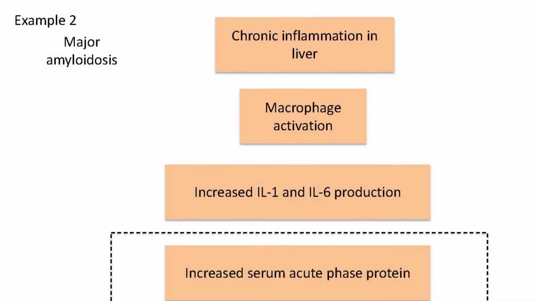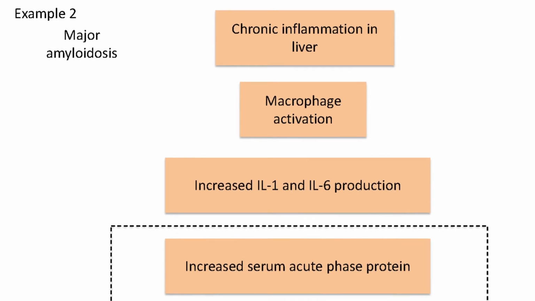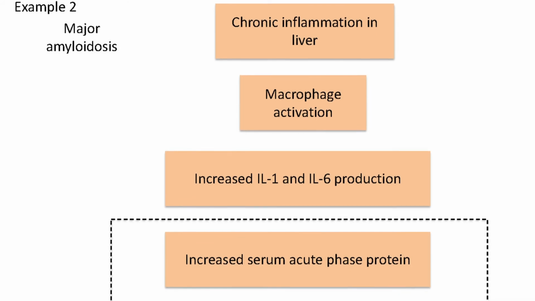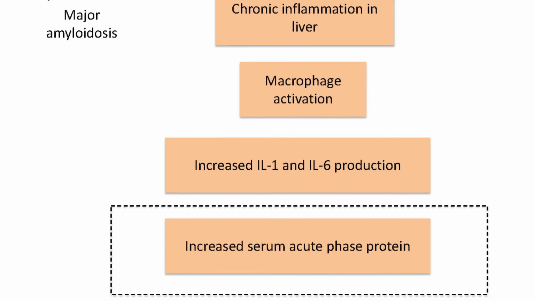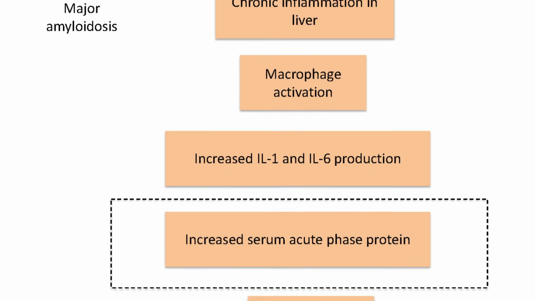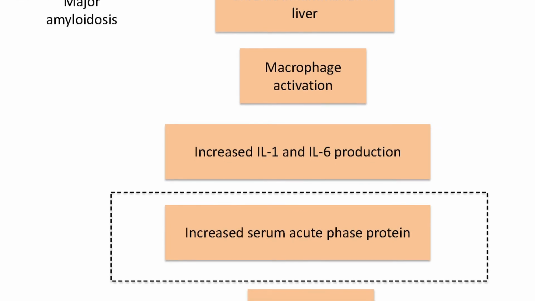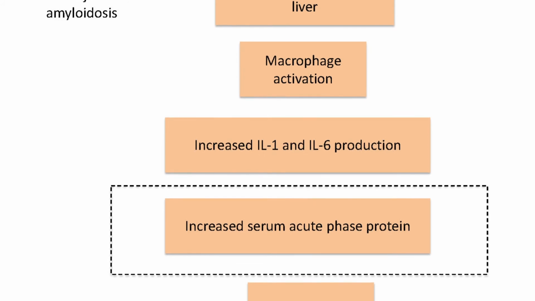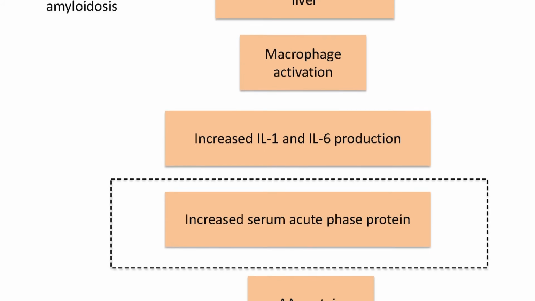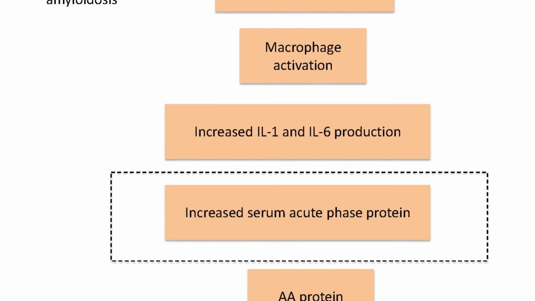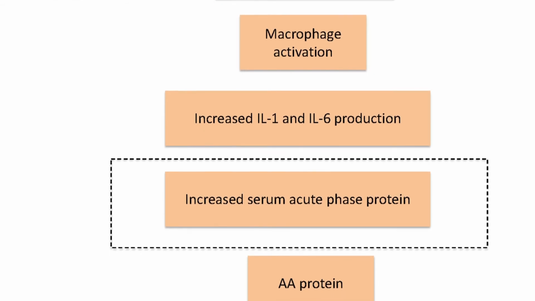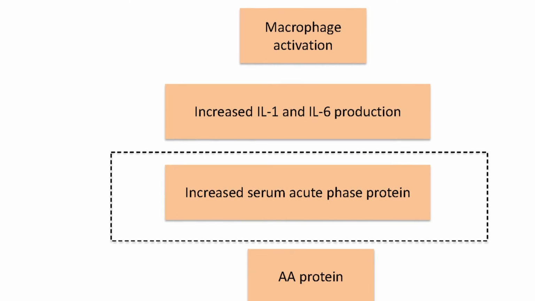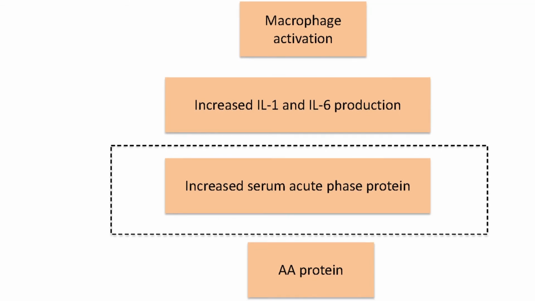In yet another case, the AA amyloidosis, we talked about chronic inflammation of the liver. There is macrophage activation, overwhelming production of pro-inflammatory cytokines like interleukin 1 and interleukin 6, which elicits acute phase protein production, specifically the serum acute phase protein, and they can lead to the deposition of the AA type of amyloid protein.